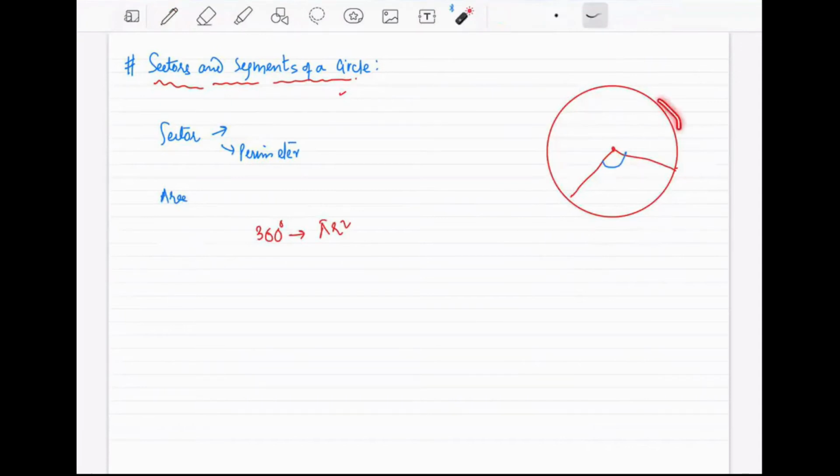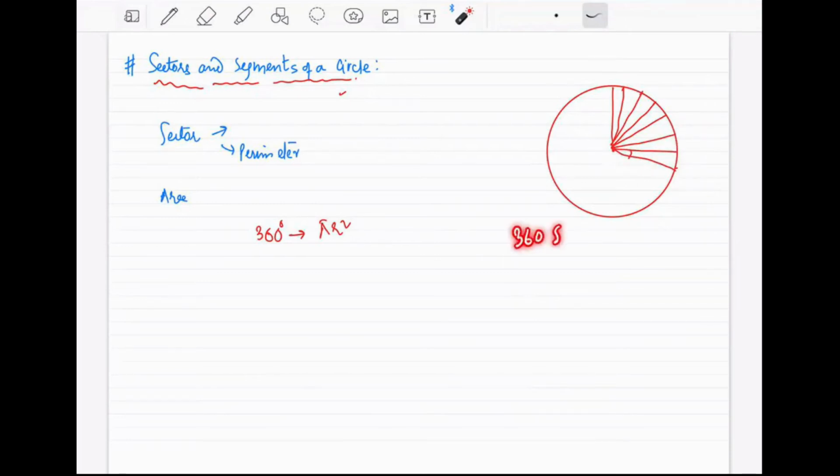If I divide this whole circle into small sectors, many small sectors, and if I make this angle right here to be 1 degree, then how many sectors will there be?